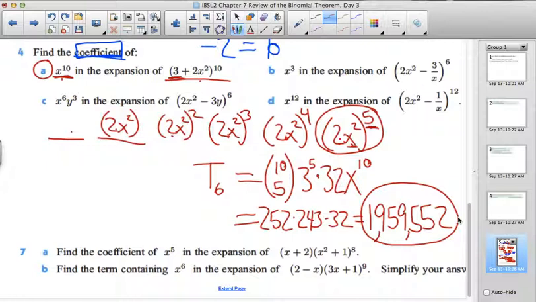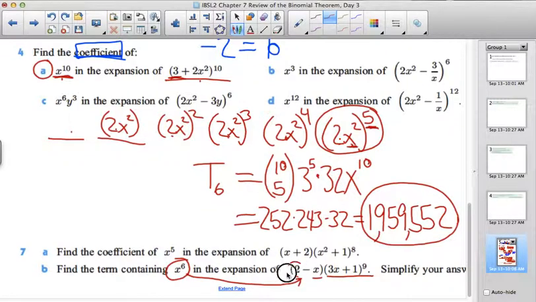Alright, if you have a question on 7, feel free to ask. I'm not going to run through a whole one there, but that's a good challenge problem because you have to consider the power you want, in this case x to the 6th, and what you have to remember is that the 2 and the minus x are going to be distributed to the expansion of this.